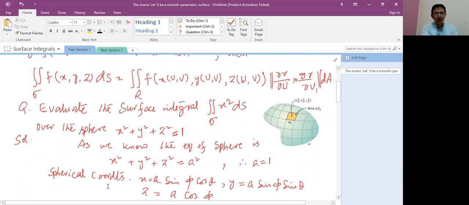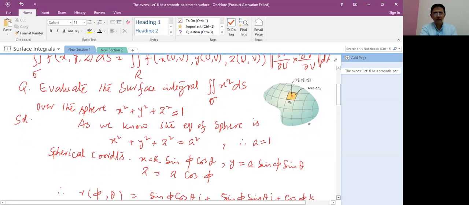Now, when we consider the sphere, what are the spherical coordinates? x equals a sin phi cos theta, y equals a sin phi sin theta, and z equals a cos phi. These are the spherical coordinates.